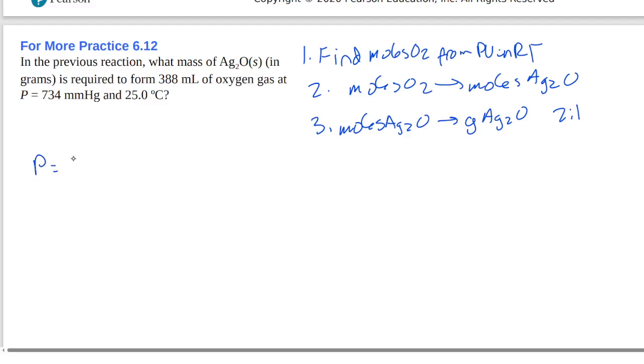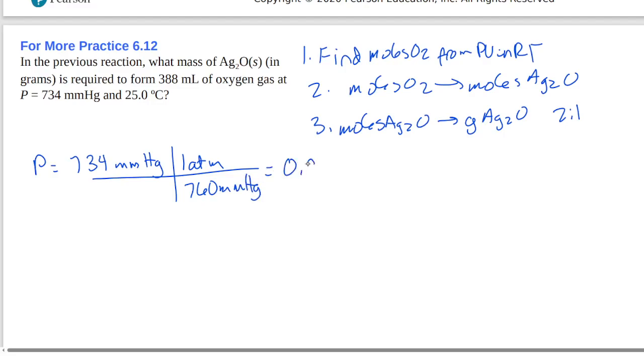All right, so let's convert everything. Our pressure is equal to 734 millimeters of mercury. We know that 760 millimeters of mercury is 1 atmosphere, so that gives us 0.965789 atmospheres, and that was for oxygen.